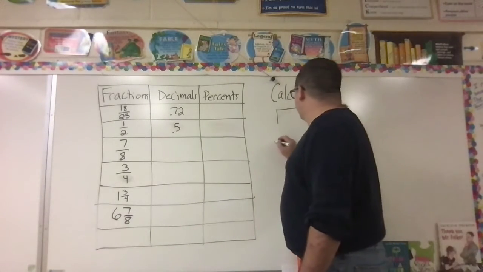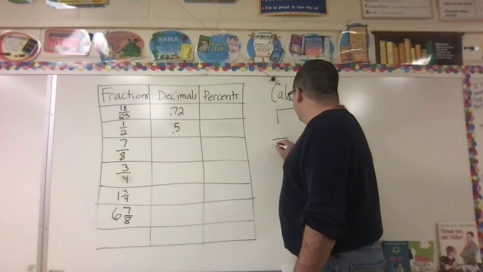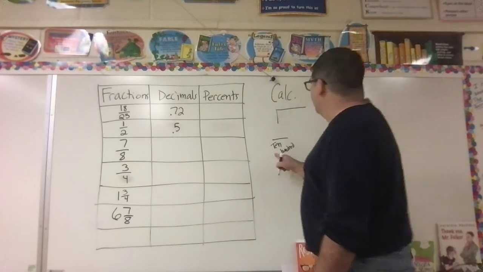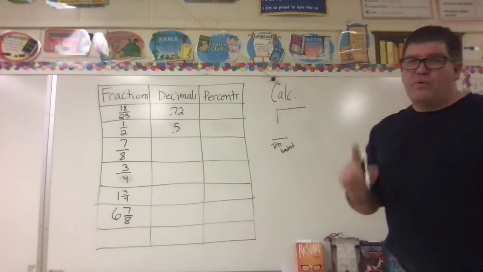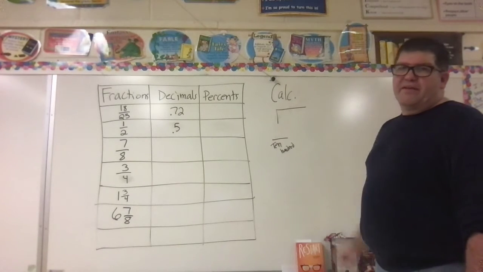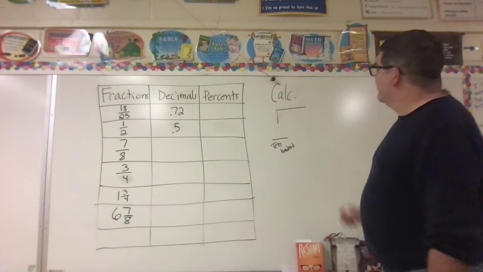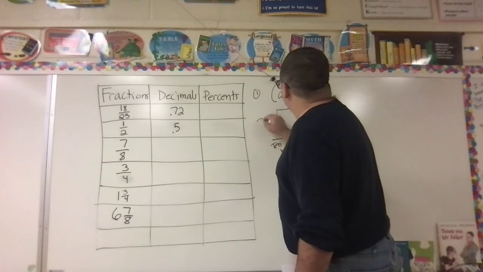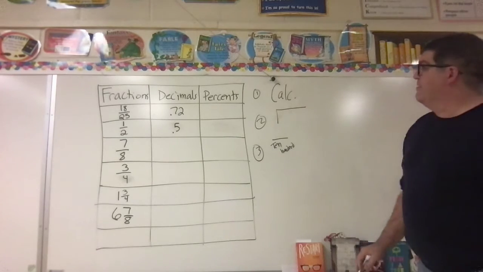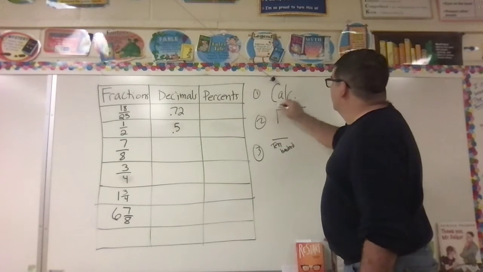Or you could get the denominator to a 10 or 100. Something there that has a 1 with zeros under it. And then you can figure out what place value it is. So you have 3 different options. My favorite, of course, is this one.